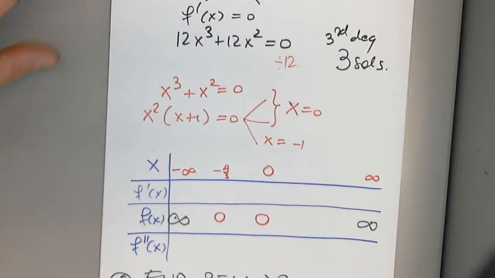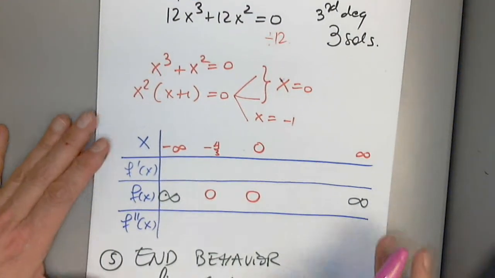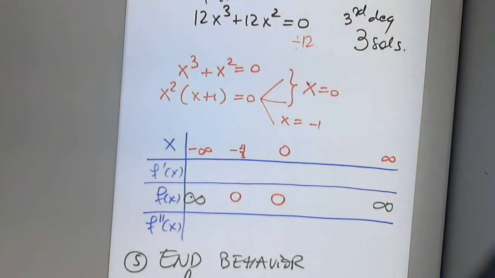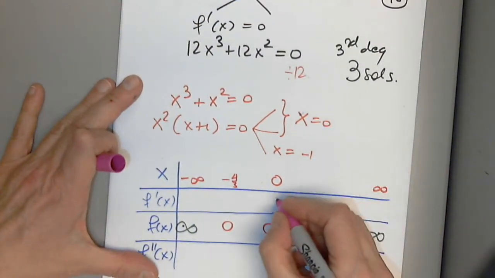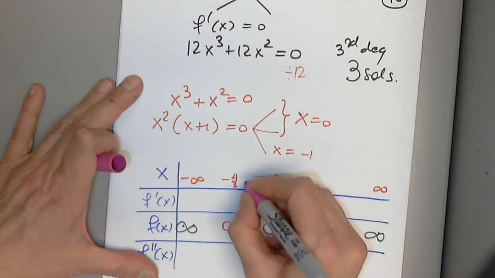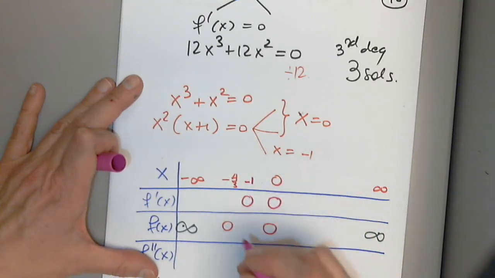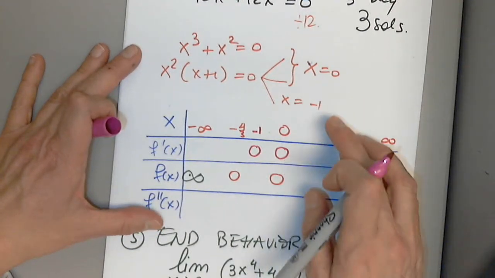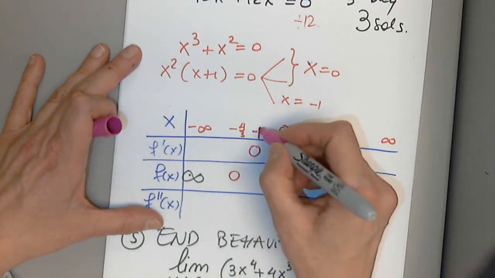Very good point. Okay. So now, once we finish with the function, we can discuss the first derivative. We have two things that we know about the first derivative. I know this, and I know this. 0, and at -1 is also 0.